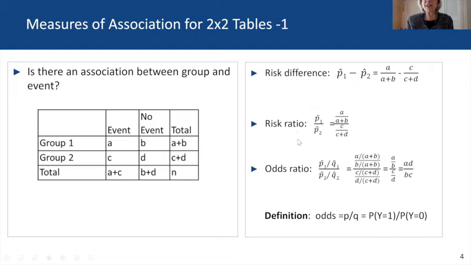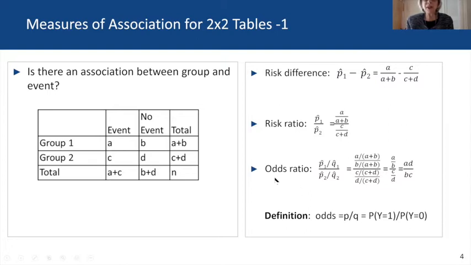Another measure of association instead of the difference is to look at the ratio of the proportion with the event in group 1 divided by that in group 2. That is known as the risk ratio, and the numerator is the proportion having the event in group 1, A over A plus B. The denominator is the proportion having the event in group 2, C over C plus D.